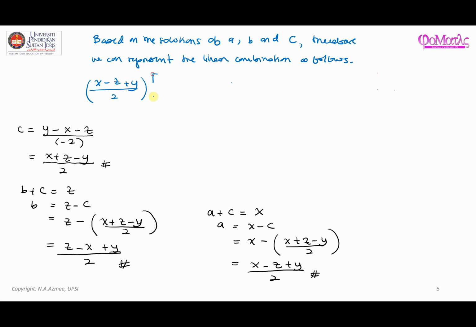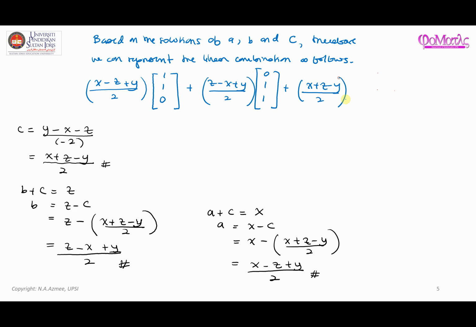So this is A multiplied with this vector, plus B is z minus x plus y over 2 with 0, 1, 1, plus C is x plus z minus y over 2 times with 1, 0, 1, and here is equal to x, y, z.